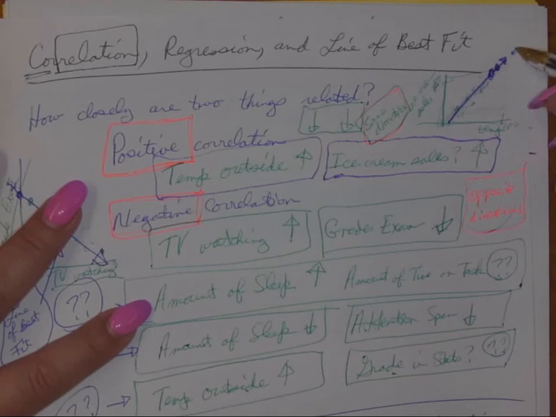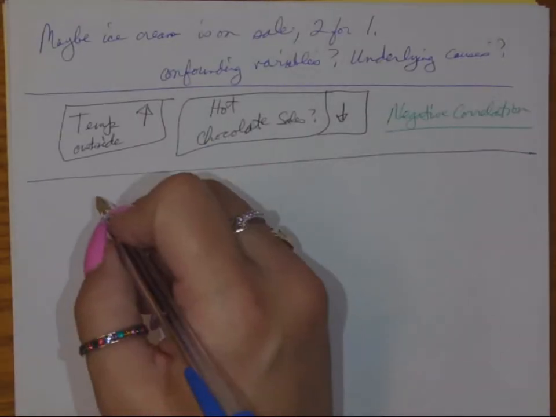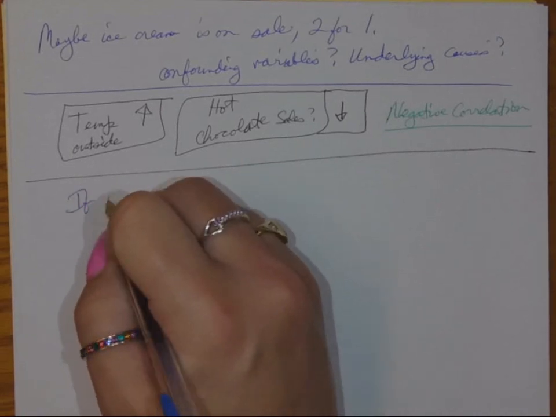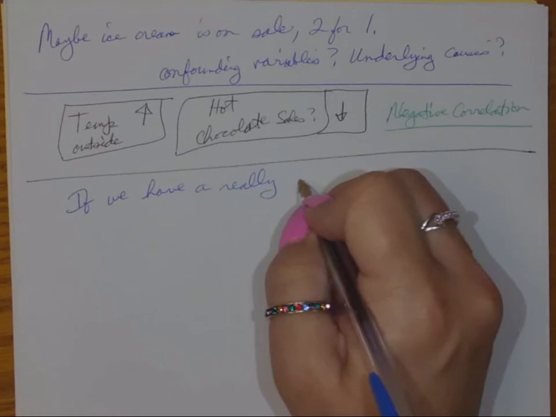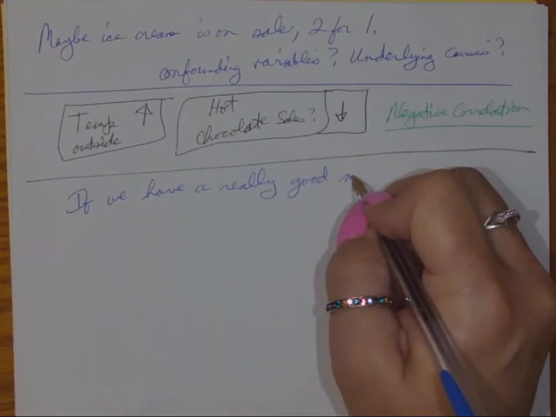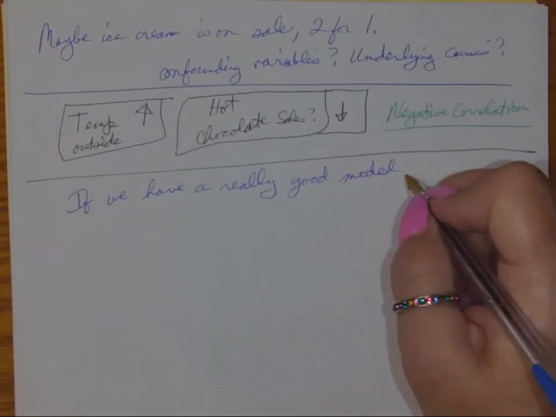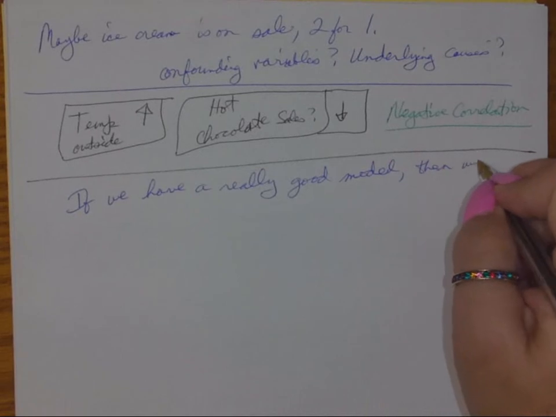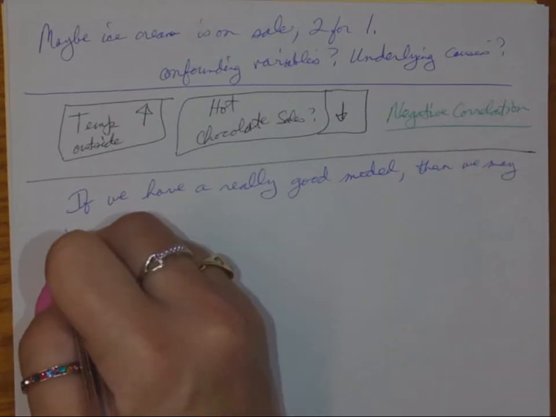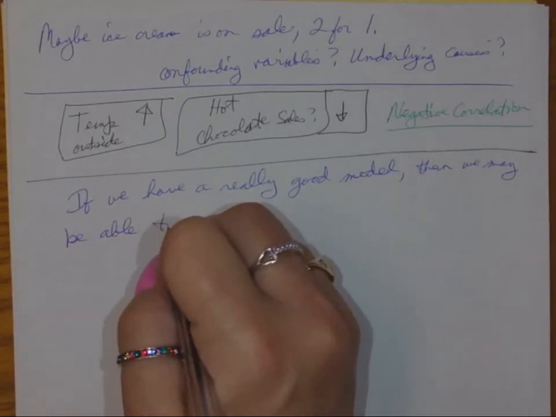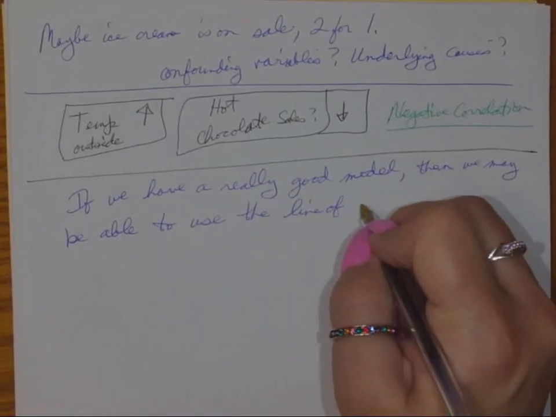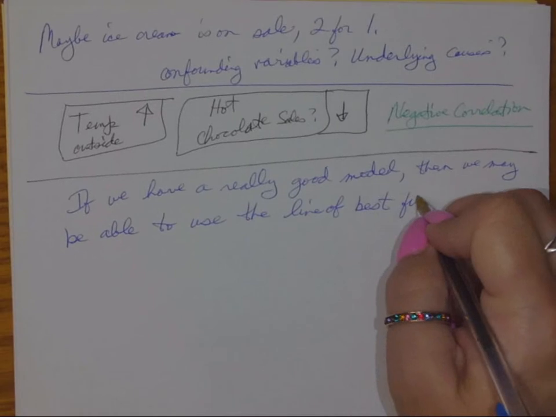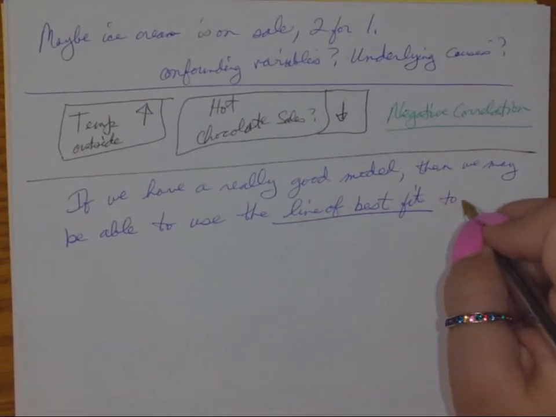So we might be able to forecast what's coming up or make predictions if we have a really good model. With the line of best fit, we may be able to use it to make a prediction.